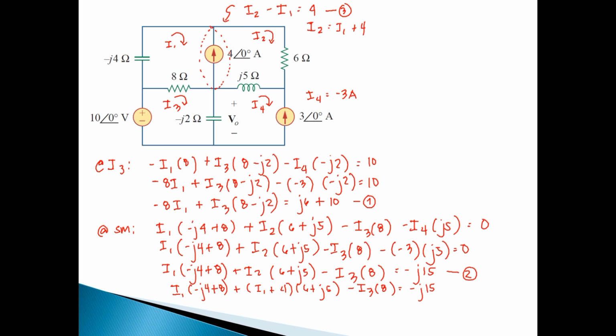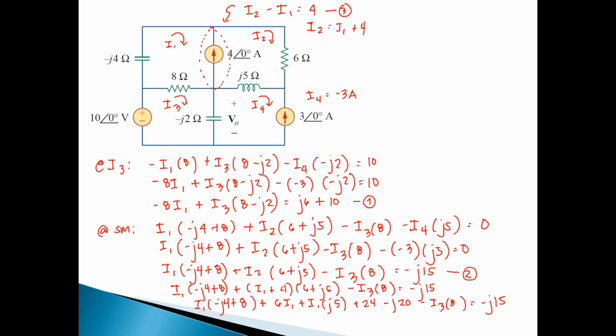Okay. So this will be I1 times negative j4 plus 8 and then I1 times 6, 6I1 first, outer j5, inner, 24 and last, 20, equal minus I3 times 8 equal to negative j15.